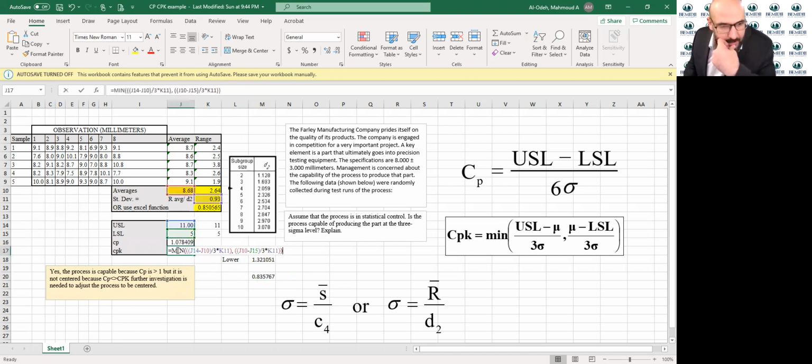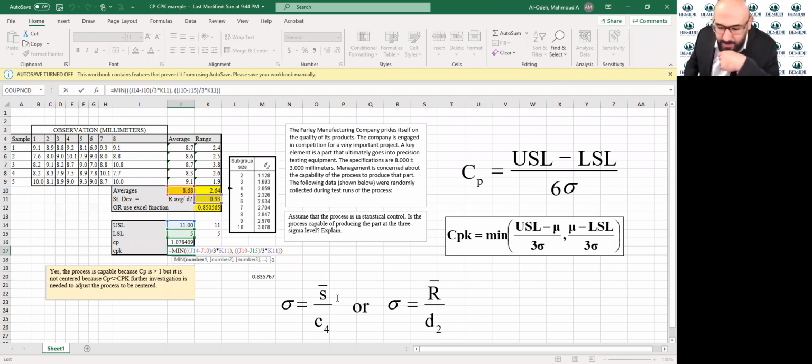All right, let's see, there's something wrong here with this answer. 11 minus 8.63 divided by... here's the problem: we don't have parentheses here, so we have to make sure this is conducted first. And the same thing here, we have to have some parentheses.